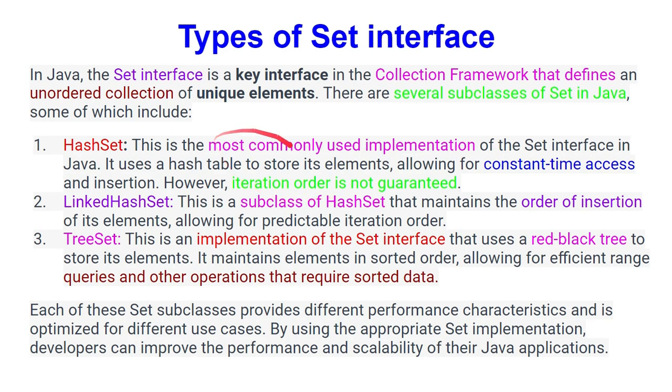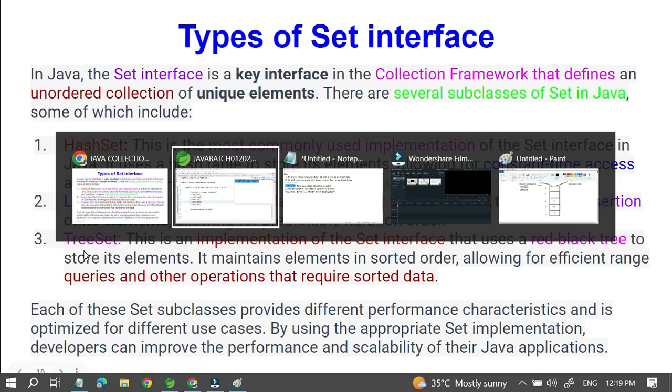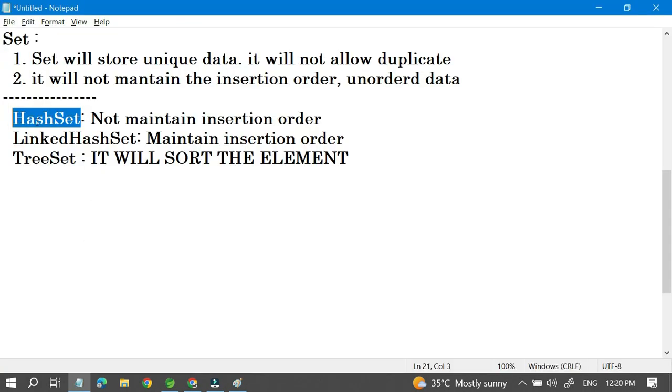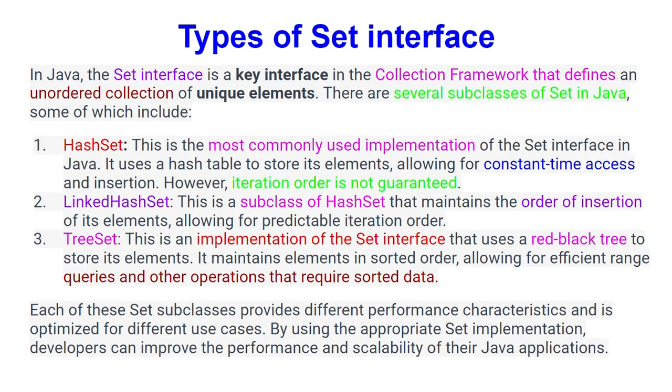So we can take any of these, based on the requirement only. If you want a sorted order, go with the TreeSet. That time you can get good performance and a good time complexity and everything. Understood?